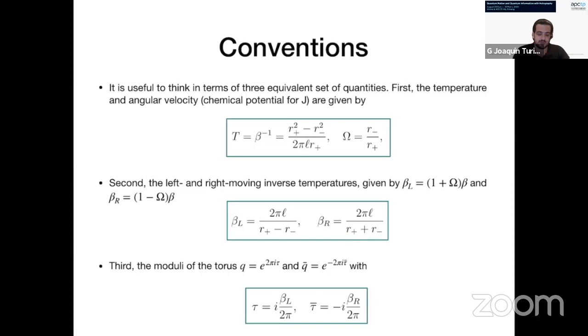It's also useful to talk about it in terms of left and right moving temperatures, which are given in this way in terms of temperature and angular velocity, or in this way in terms of the position of the horizon. Or yet the third way: the boundary of the BTZ black hole is a torus, so we can describe it in terms of the moduli of that torus, which is q and q bar in terms of tau and tau bar, and these are given in this way as a function of left and right moving temperatures.